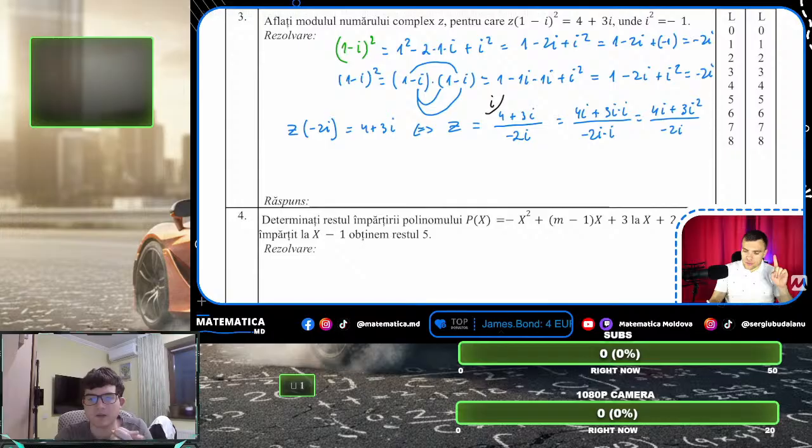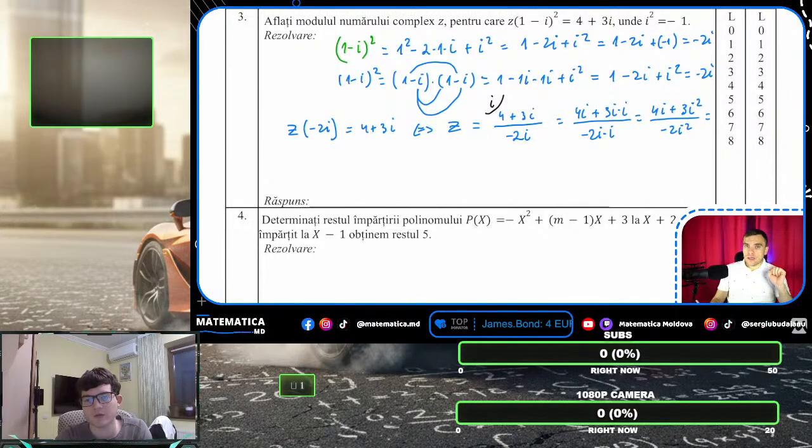Alright. So, 4i plus 3i to the second power over minus 2i to the second power. Now it's gonna flip the sign on top and on bottom, as that's what i to the second power does. So we're gonna be left with 4i plus 3 divided by 2.